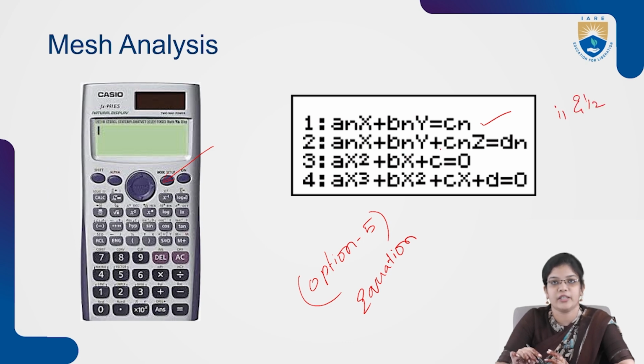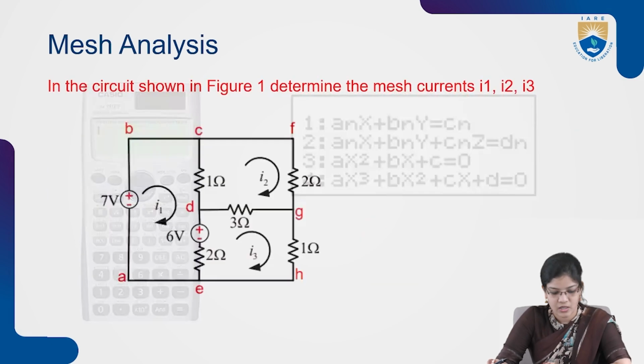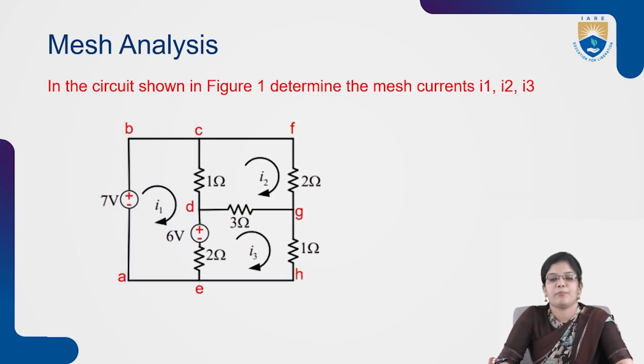If we have three meshes, we select option 2 and calculate I1, I2, and I3. By using this calculator, we can easily calculate the values of currents.